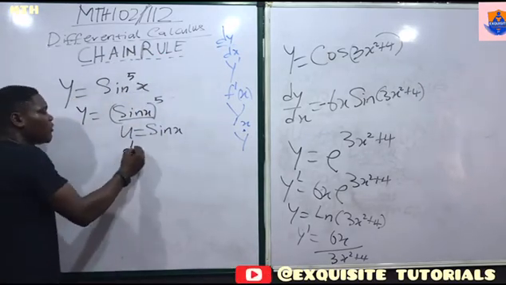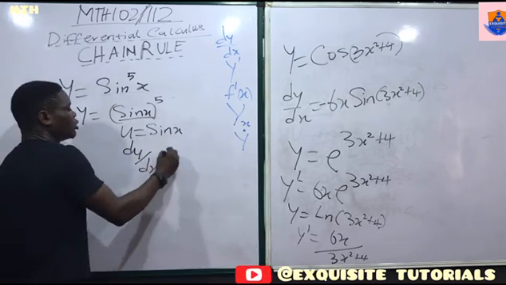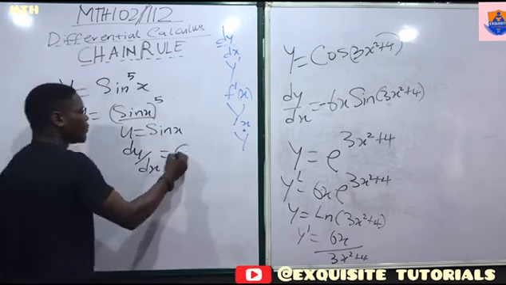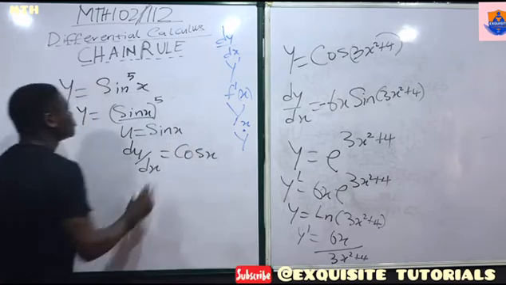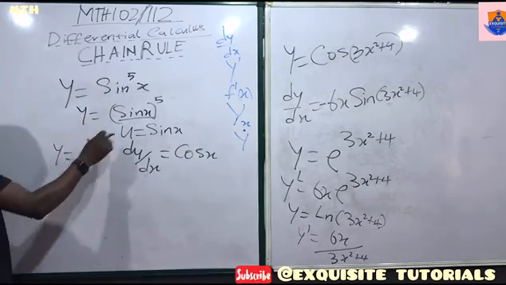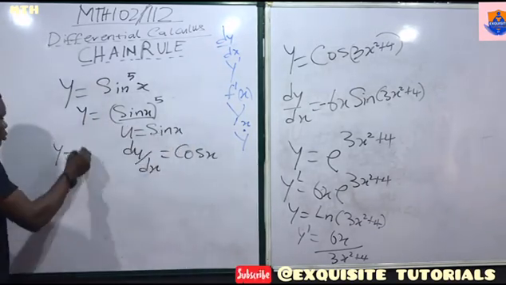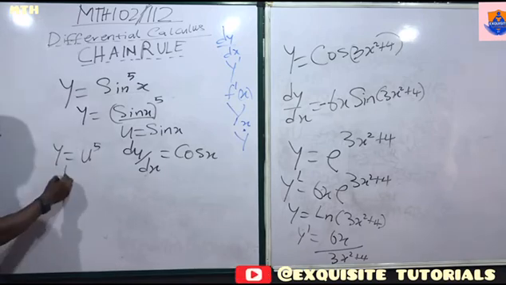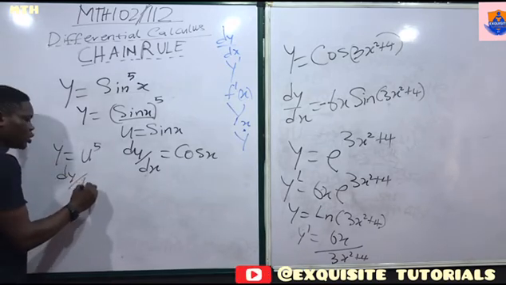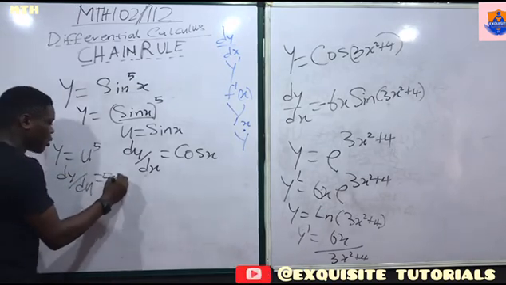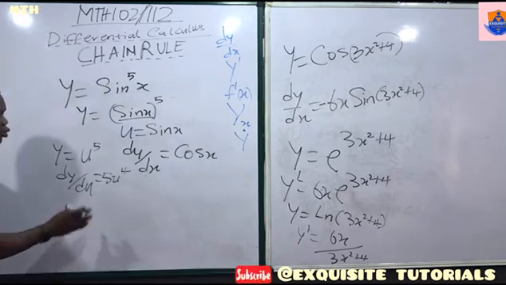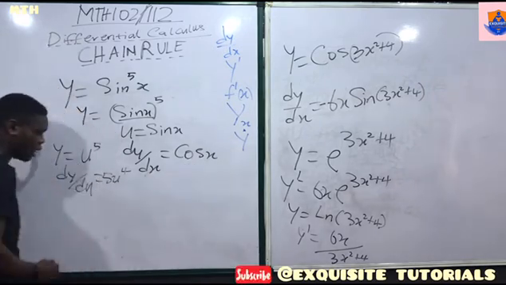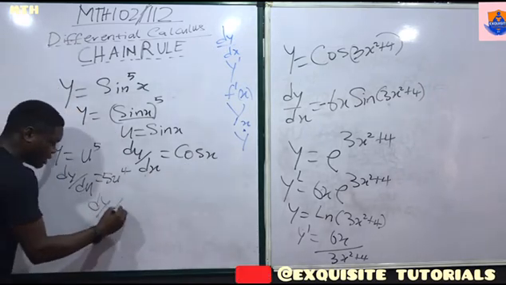So our du over dx, remember, when you differentiate sine, you are going to have cos. So we have cos x. Then our y becomes, remember we said u is sine x, becomes u raised to power 5. So our dy over du becomes 5u raised to power 4. Now what do we do? We multiply these two functions together to get our dy over dx.